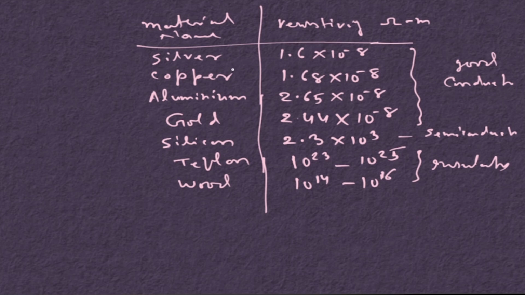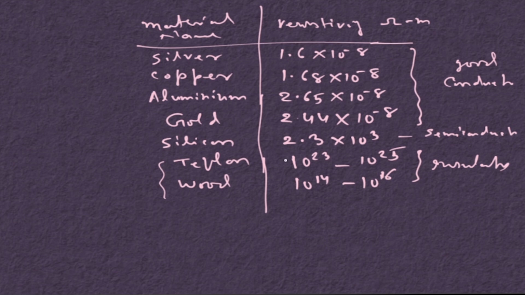Here you can see that these are good conductors, but mainly aluminum and copper are used in the electrical industry, because aluminum is very cheap, it is mostly used, and then copper is also used. But silver has got some limited use because it is very costly, and gold is almost not used, and these two materials are used for insulation of the electrical conductor.